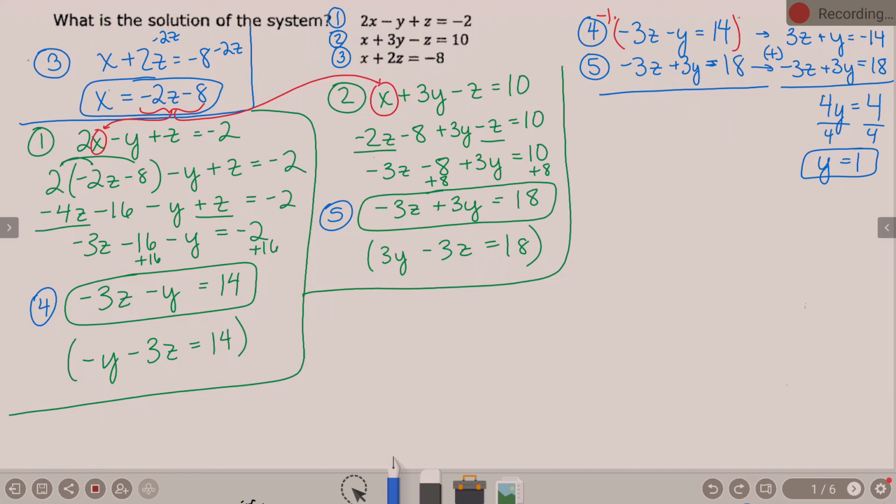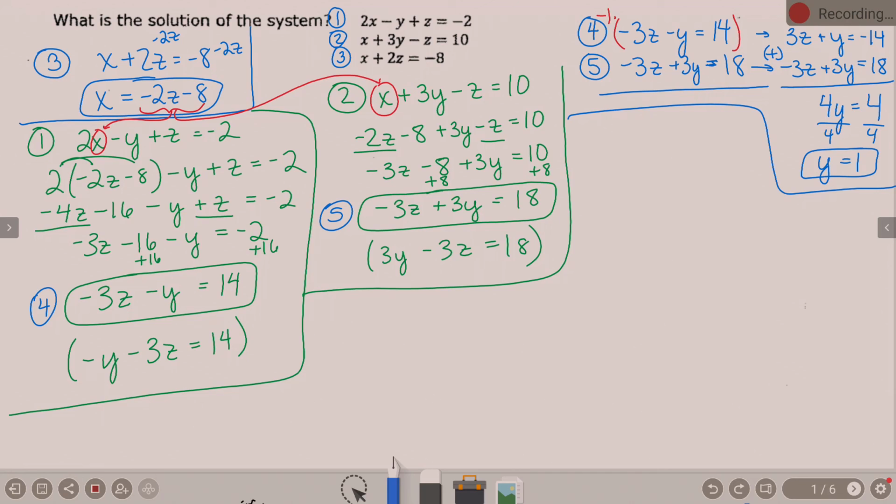What's my recommendation of what to do with that y equals 1? Plug y in. I like to go back to equation 3, the solved form of x equals negative... Whoops, we can't do that here, can we? Okay, forget what I was just saying. I was trying to be quick and I ruined it. This time I have to go back to 4 or 5, don't I?